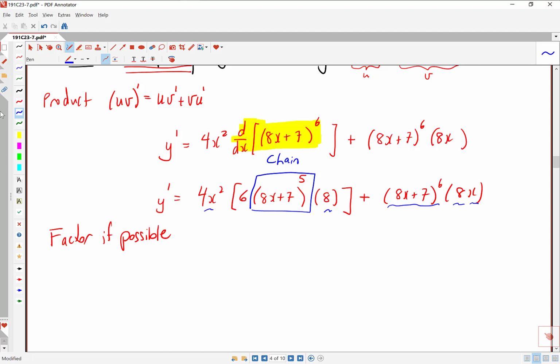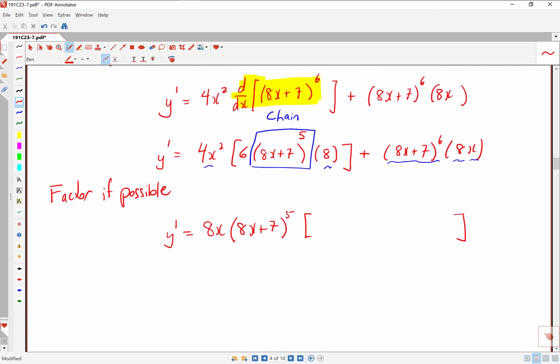That's all that we can take out. So let's try that. Let's take all the stuff out. We're going to do 8x times (8x plus 7) to the 5th. Give ourselves big square brackets here, and we'll just figure out from both of our terms what exactly we can take out.